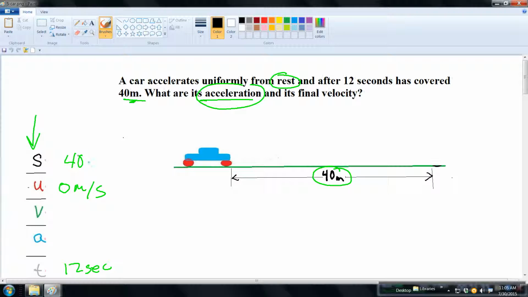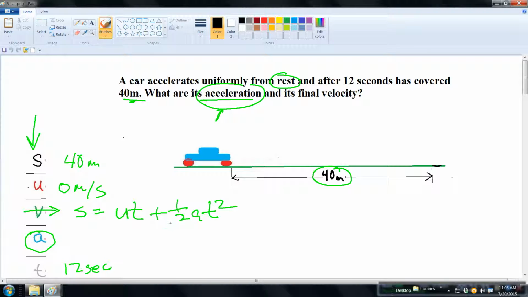So we put that in there. Step 3, we circle the thing that we need, and that's acceleration. Step 4, we draw a line through the variable that's left and write the affiliated equation with it, which is displacement is equal to initial velocity times time plus 1/2 AT squared.